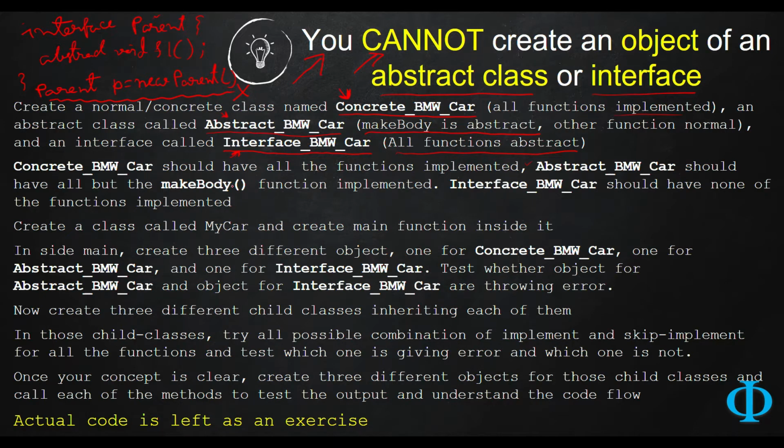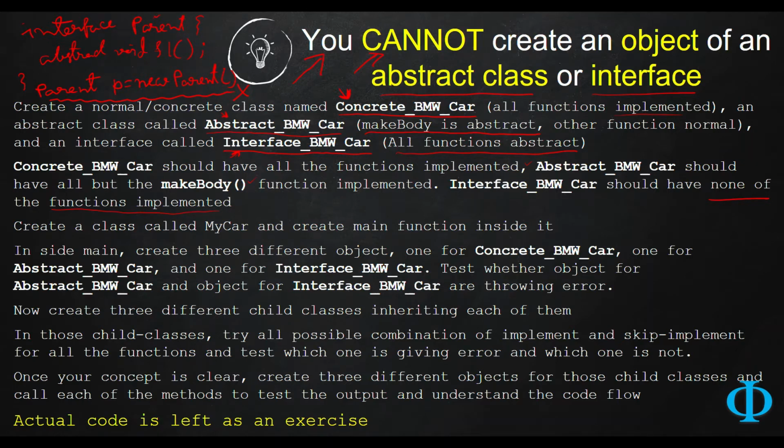Abstract BMW car should have everything implemented, but the make body function is abstract. And interface BMW car, as the name suggests, is an interface, so none of the functions are implemented. You can use the same make body, make engine, or make interior functions as I have shown earlier, and feel free to reuse them.